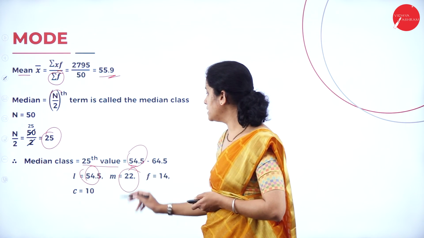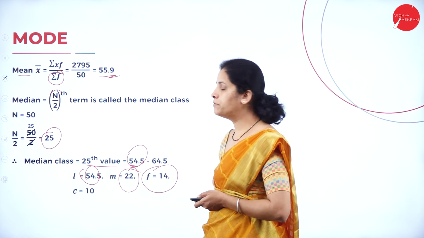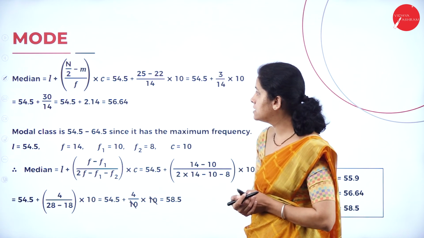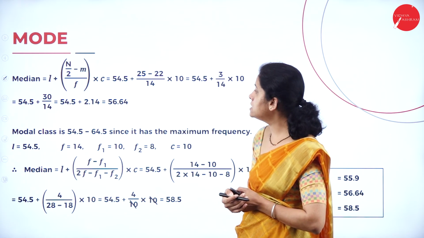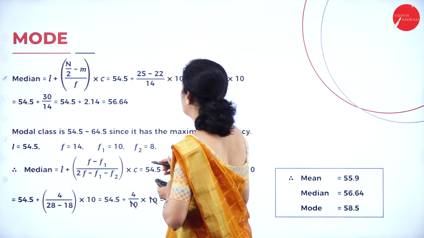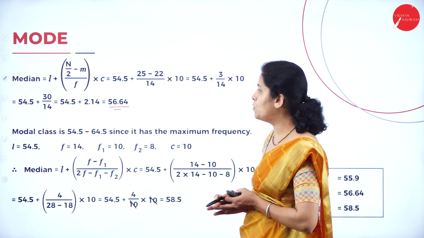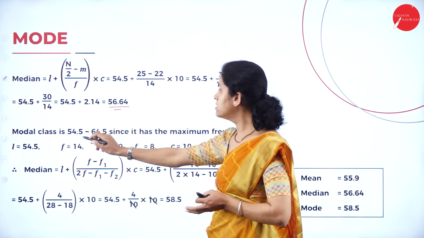M is nothing but 22 and F is nothing but 14 and C is nothing but the difference. And when I substitute all the values in this formula, I'm going to get the answer 56.64.